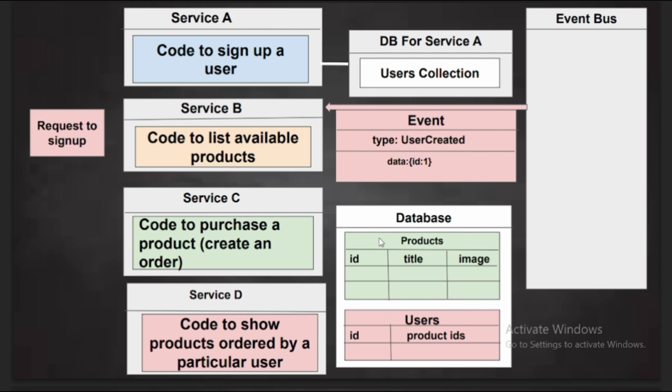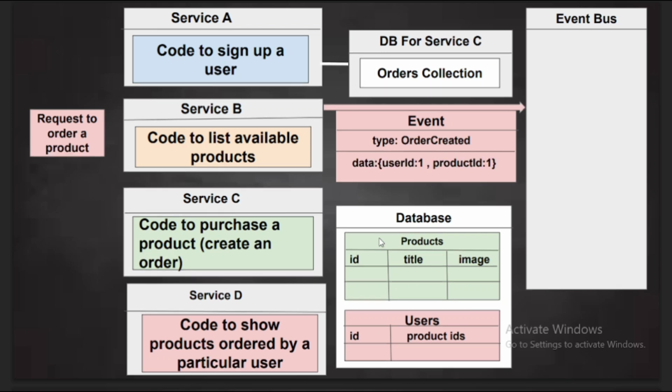Then another request to order a product goes to service C. So now service D has its database. Service C would say, okay, I will create a new order inside of some collection and then emit an event. Maybe this event would look something like order created, and it might have some information tied to it, like the ID of the user and the ID of the product.